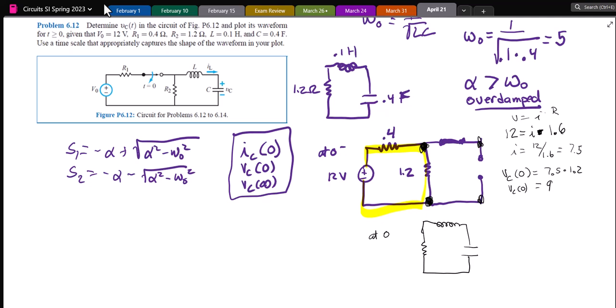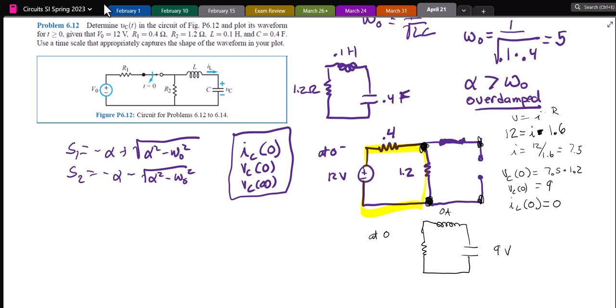What was IL of 0? 0. Okay, so if IL of 0 is 0, then that means that at 0, we still have 9 volts here, and we still have 0 amps here.